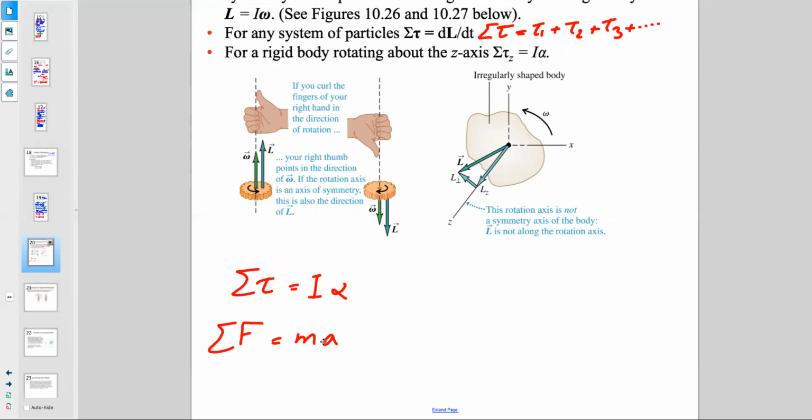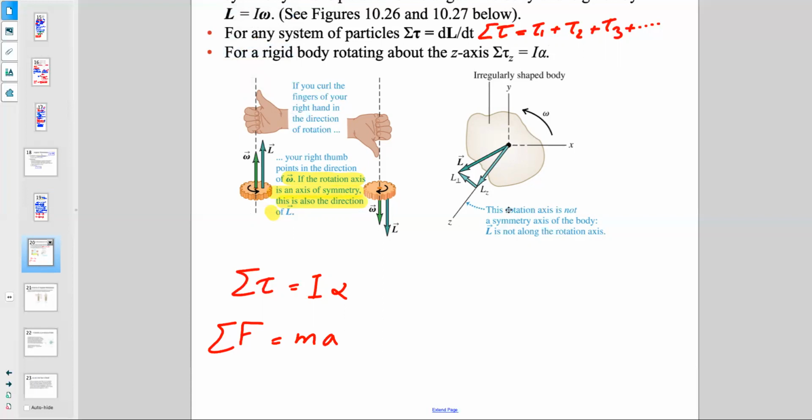As I said, if you curl your fingers, right hand rule, your thumb will be the direction of the omega, the rotation axis, which is where I'm pointing. If the rotation axis is the axis of symmetry, then L would have the same direction as omega, either positive or negative.